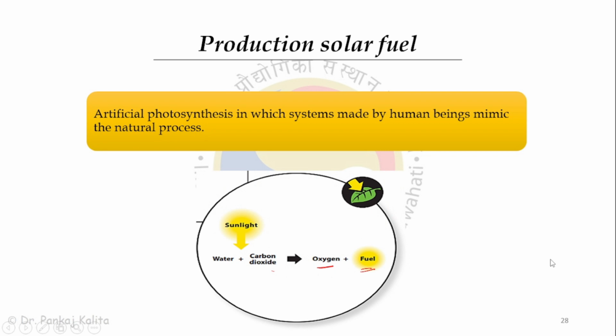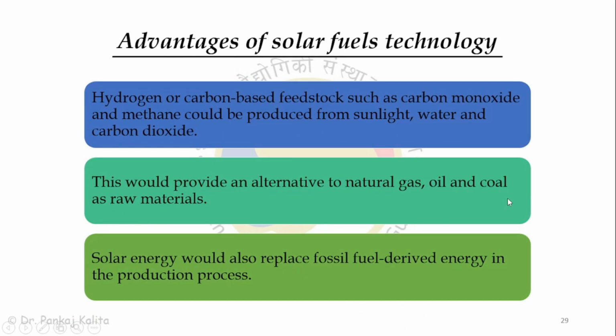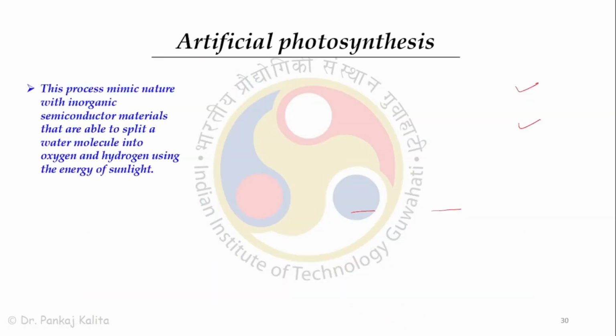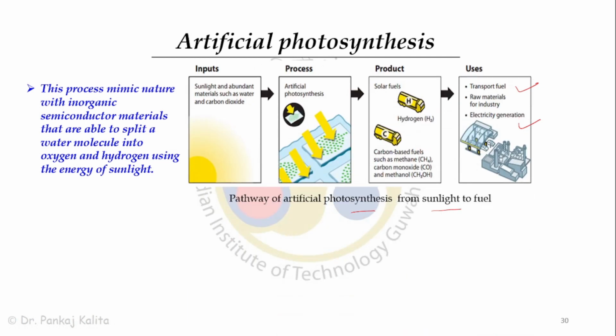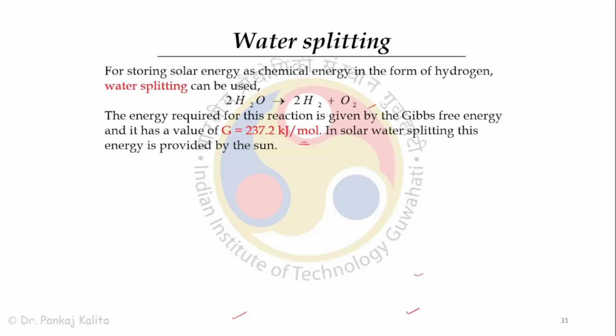This is the whole thing: water plus carbon dioxide gives oxygen plus fuel. This is the energy provided by the sun to split the water into hydrogen and oxygen.